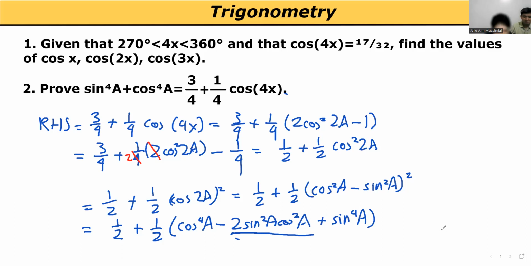Those are the power reduction formulas. We could use them on sine to the fourth A and cosine to the fourth A, so we will be able to finally use LHS like a traditional solver.